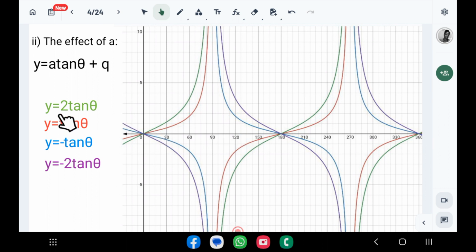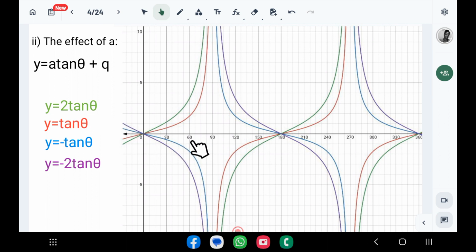Now, if your a is multiplied by a factor of 2, for example, that means your graph will reach your milestones twice as fast. For example, let's look at y equals tan theta and compare that with y equals 2 tan theta.